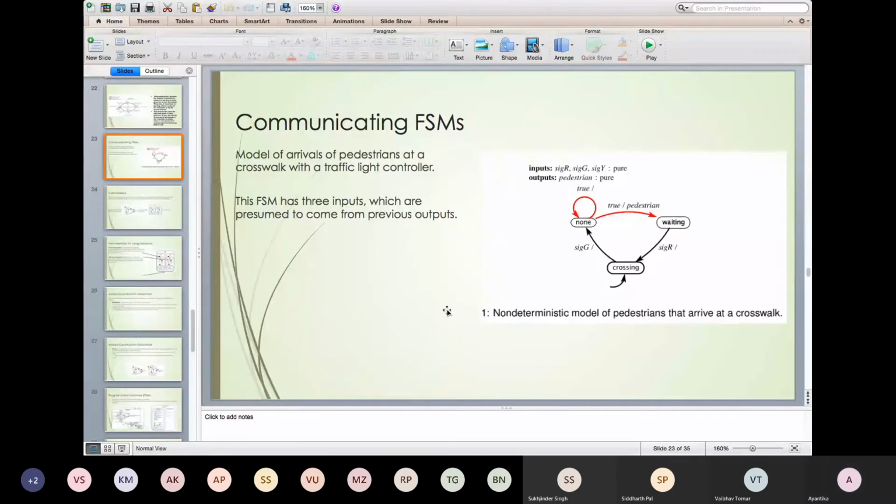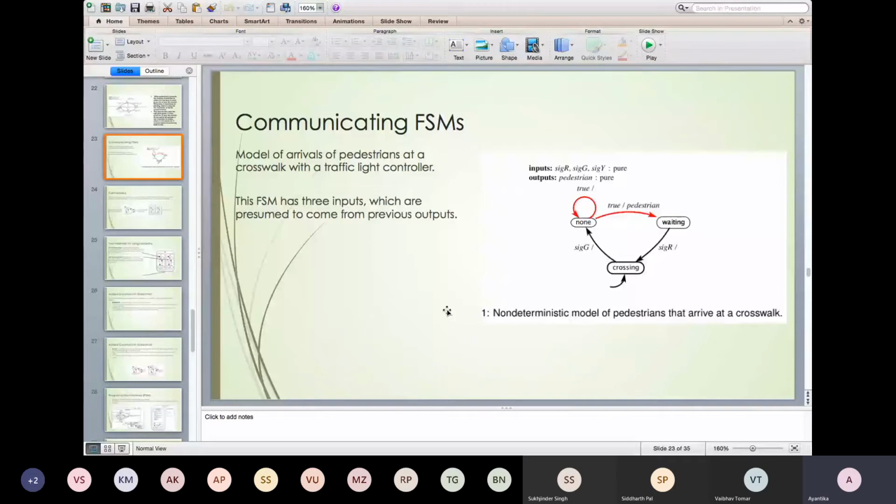The pedestrian can continue in that crossing state till signal green is high. Signal green is the transition condition that denotes that the crossing state of the pedestrian should go to some maybe idle state.